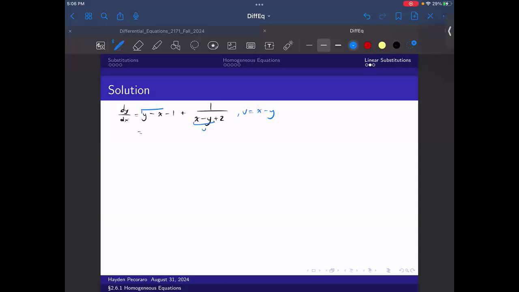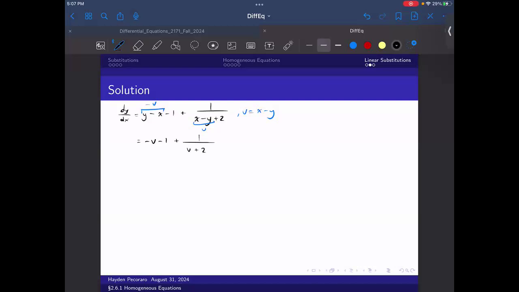And then over here, this almost looks like it, but there's an extra minus sign. So that's minus v. And the right side ends up giving me minus v minus 1 plus 1 over v plus 2. Okay, so that's the easy part.